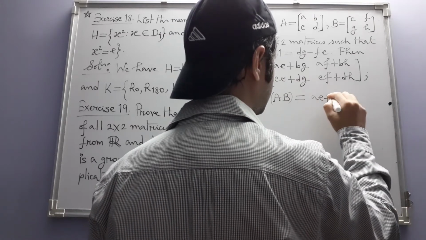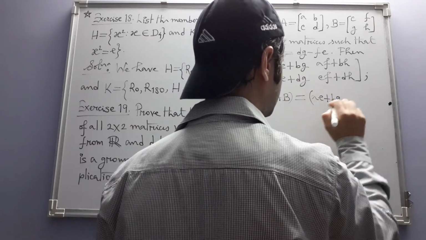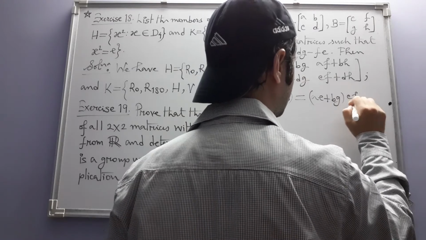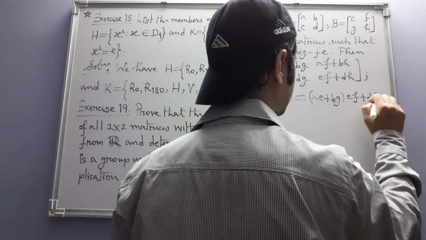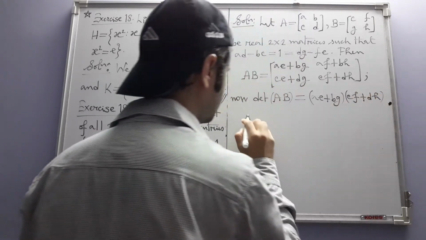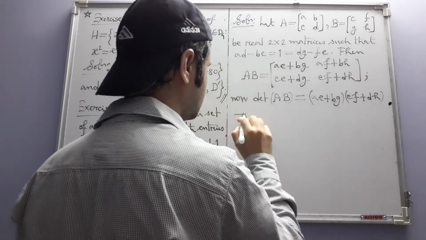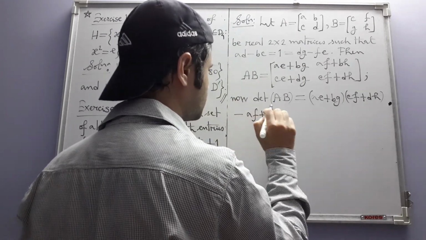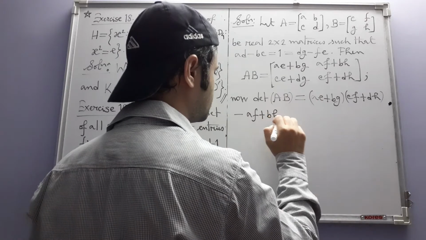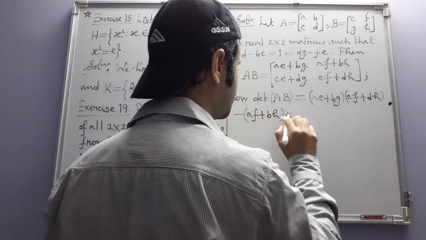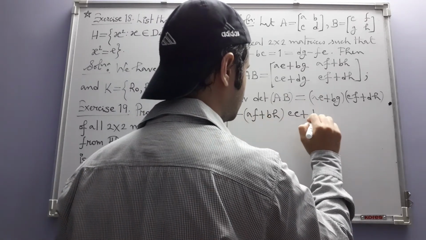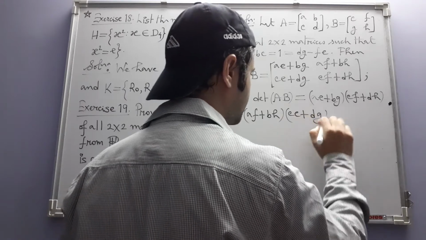(AE plus BG) times (CF plus DH) minus (AF plus BH) times (CE plus DG). So we multiply the terms out.